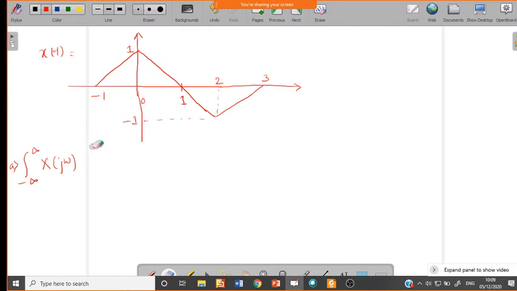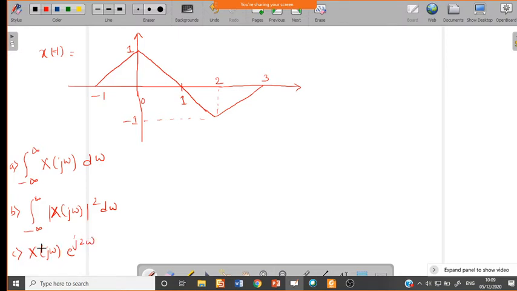The second one to compute is the integral from minus infinity to plus infinity of the magnitude of X of j omega squared into d omega. Also find the value of X of j omega into e power 2j omega.